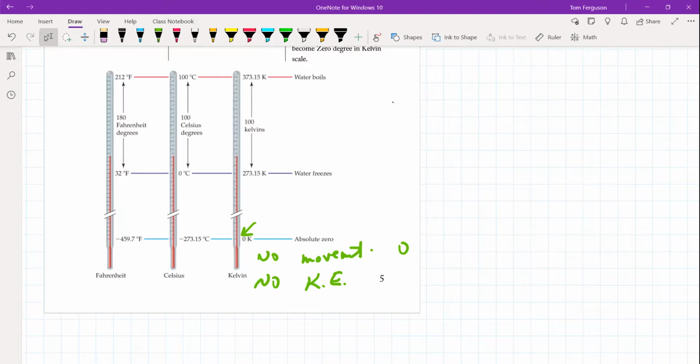So physically, we can't go below zero either. So it doesn't matter what scale we use, when all molecular movement stops. So absolute zero is the coldest it'll ever get in any point of the universe. Yes. All right, that was my question.